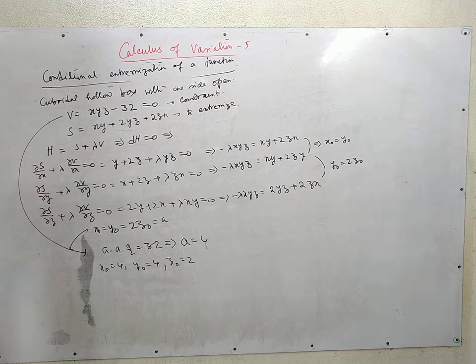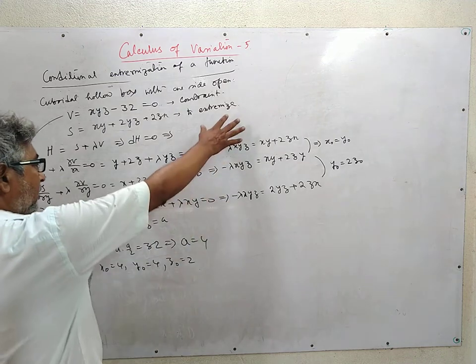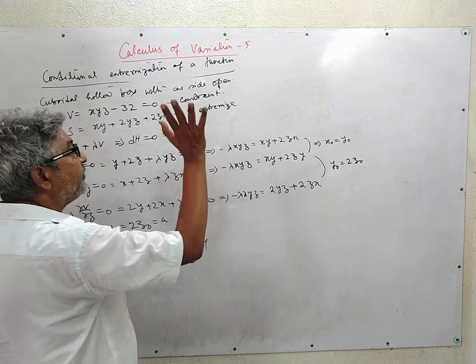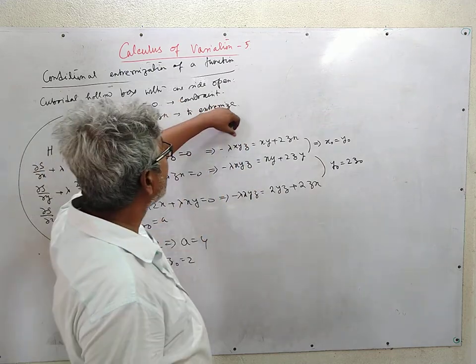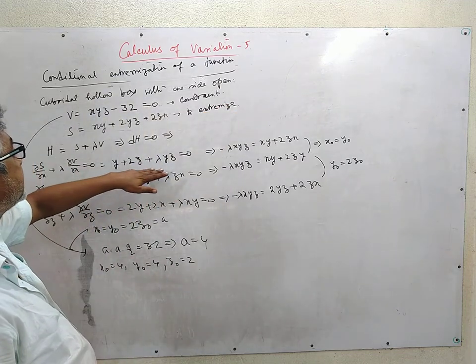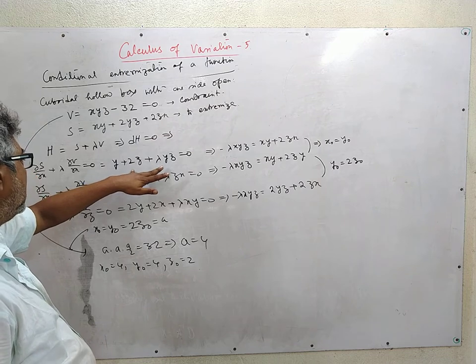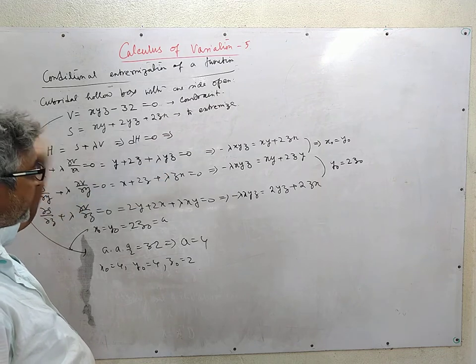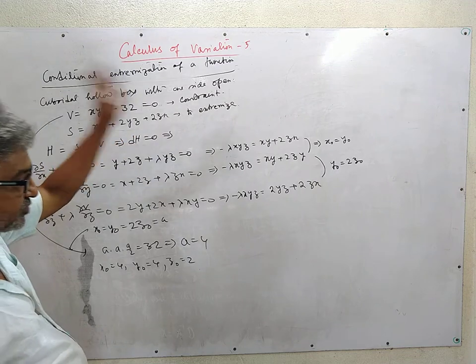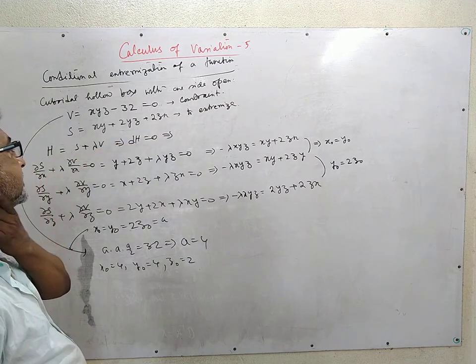Note two things. One is we have not obtained lambda from here, although we can find out lambda. If we put the values of x0, y0 and z0 in this equation, we can find lambda, but we are not after it. That's why lambda is called the undetermined multiplier.